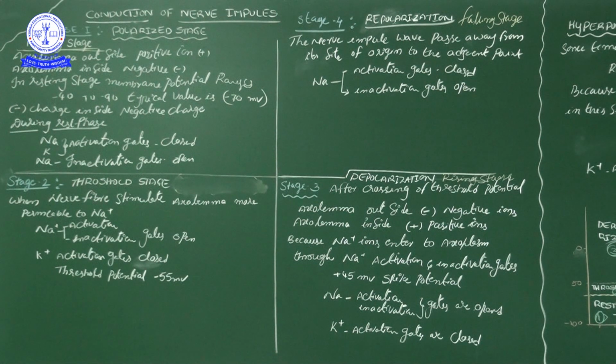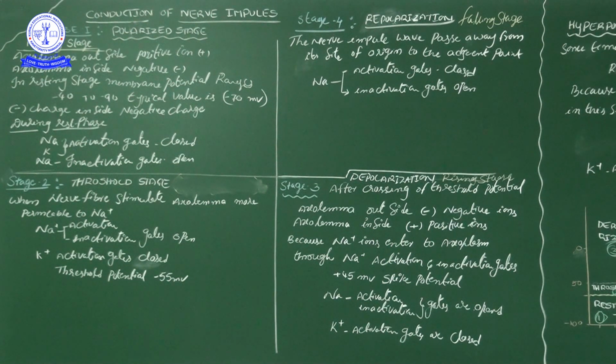During this stage, the sodium and potassium activation gates are closed. Do you remember, in the last video session I explained about ionic channels? Through the ionic channels only, the nerve impulse is conducted, with sodium ions and potassium ions being exchanged across the axolemma.